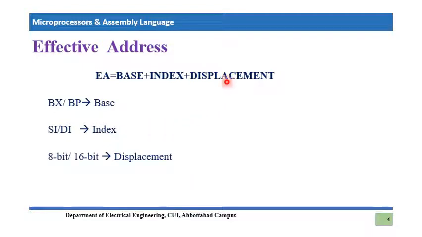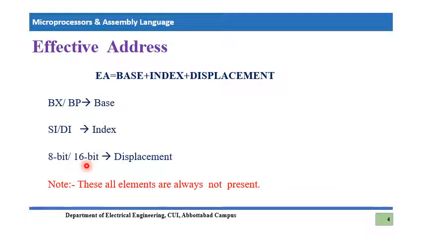The third part is displacement, and displacement is just a number which can be 8-bit or 16-bit. So effective address will be calculated using base, which can come from BX or the base pointer register, plus index, which can come from source index and destination index, plus displacement, 8-bit or 16-bit.